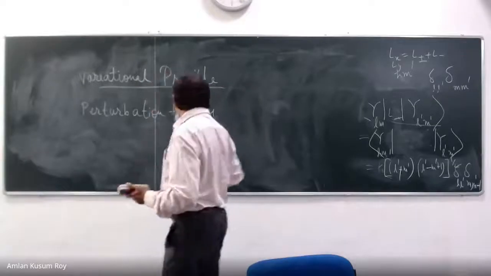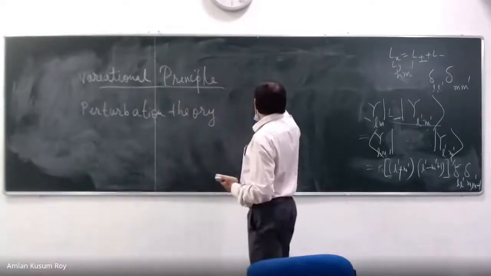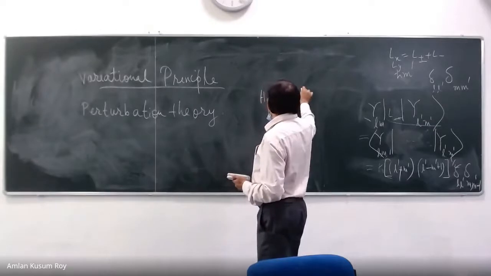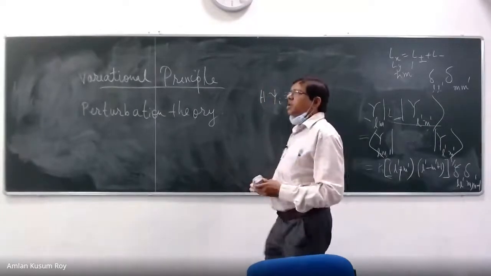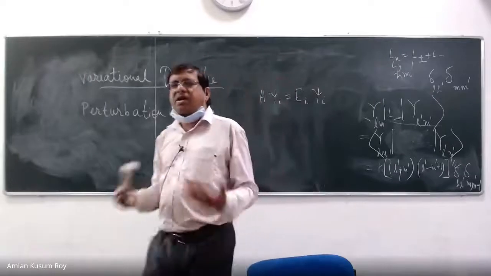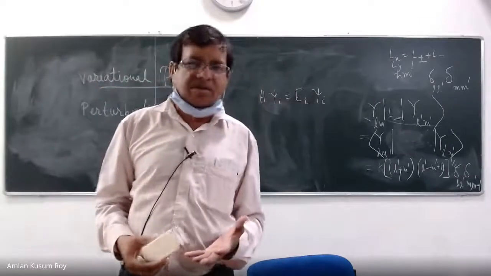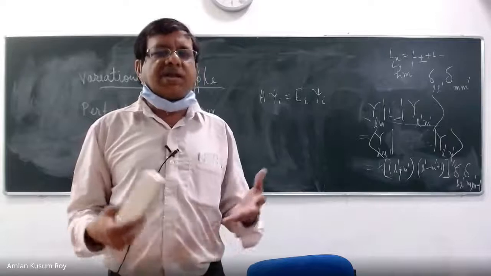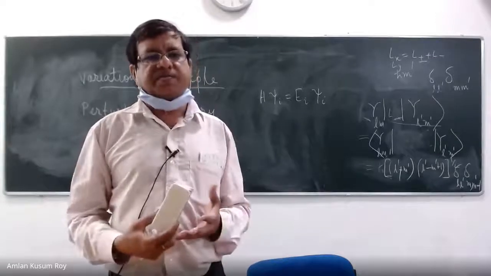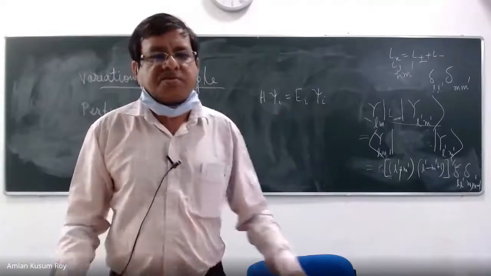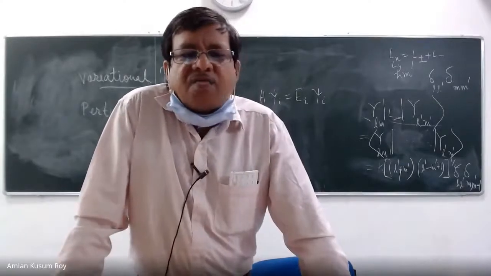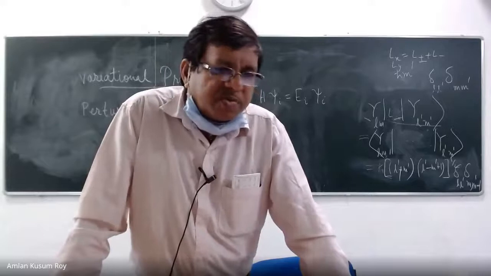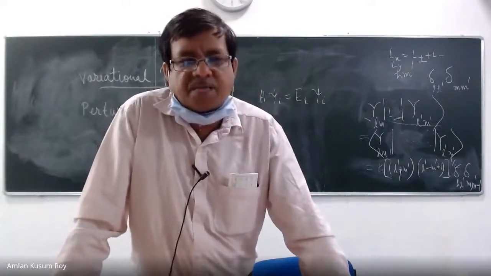It says that if you have this Schrodinger equation, it doesn't directly give you a prescription to find the eigenvalue equation, but it tells you an indirect way. It gives you an indirect way to find the quality of a function that you have found by solving the Schrodinger equation in an approximate way.